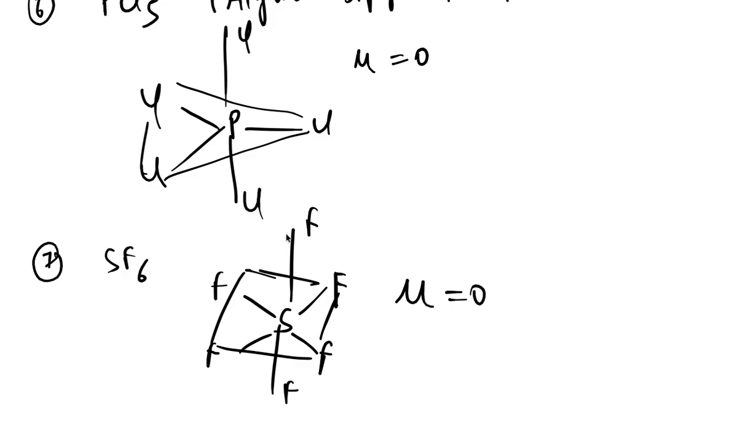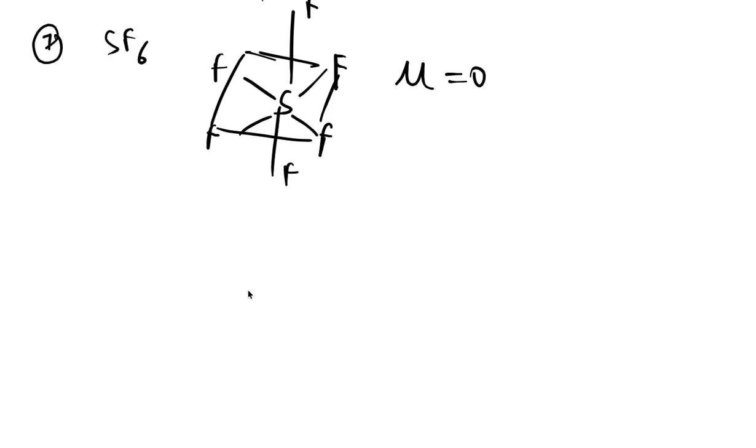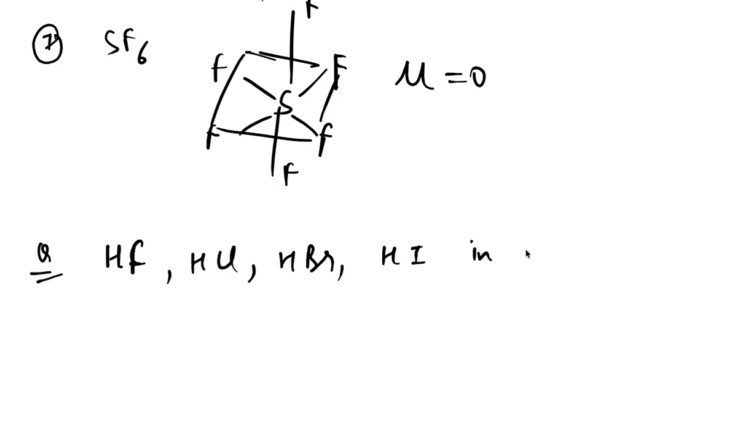Okay, another important question that I would like to discuss, which is majorly asked, is that you will be asked to arrange HF, HCl, HBr, HI in increasing order of dipole moment.